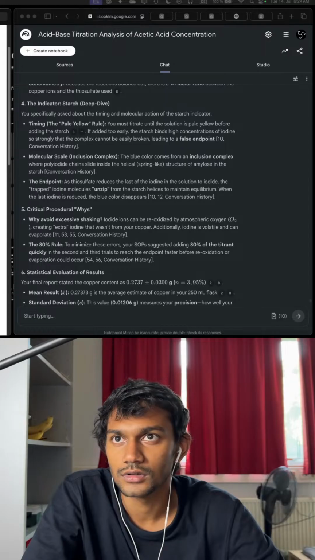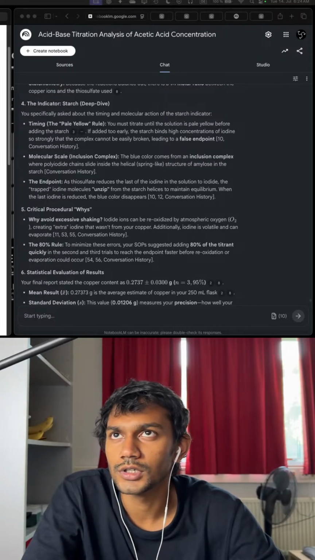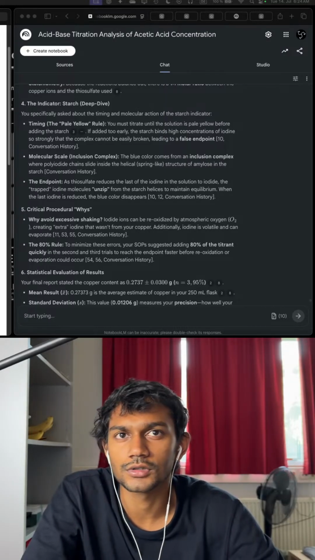Determination of chloride content by potentiometric titration.